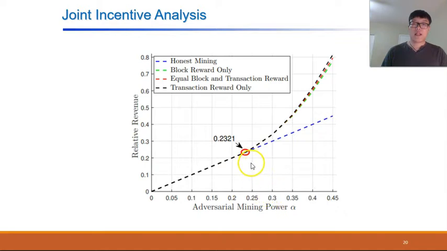From the figure, we can see that the threshold of making attacks profitable is 23%, which is the same as that in Bitcoin. And we can also see that under different reward settings, the revenue for the adversary is slightly different.